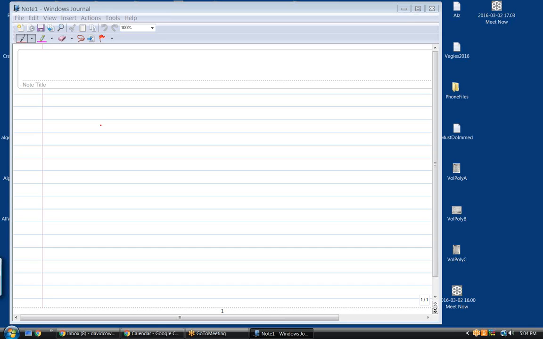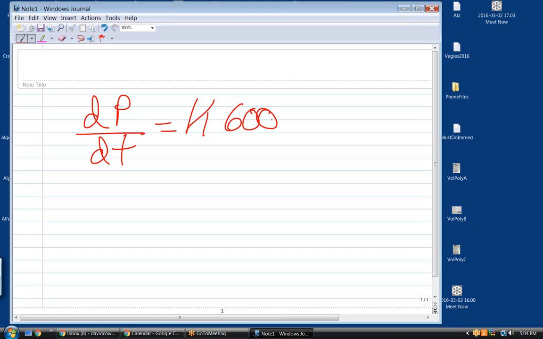A population of bears in a national forest grows is proportional to 600 minus b of t. Where t is the time in years and b of t is the number of bears.